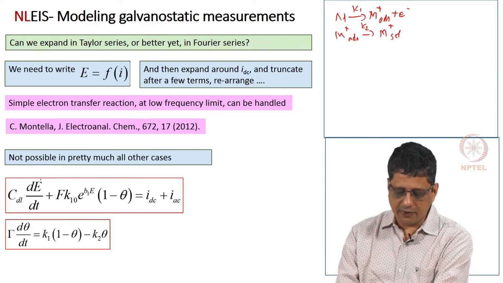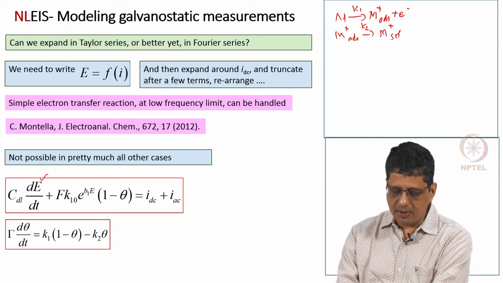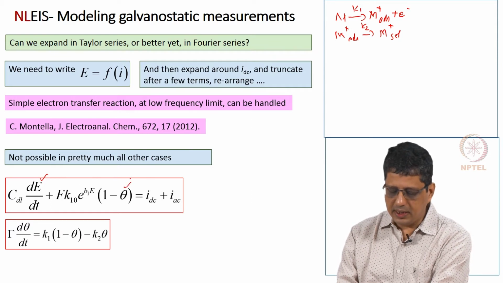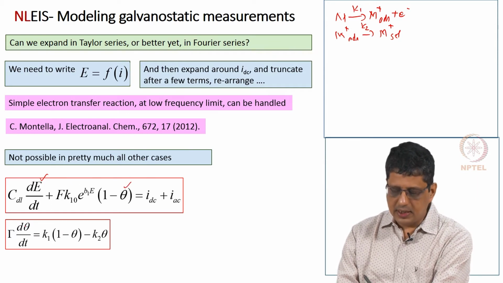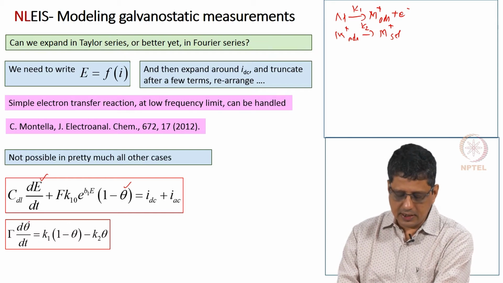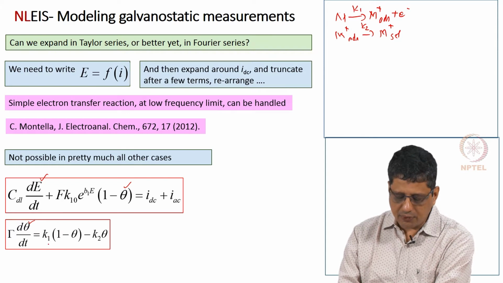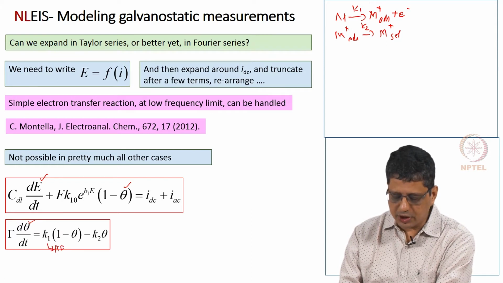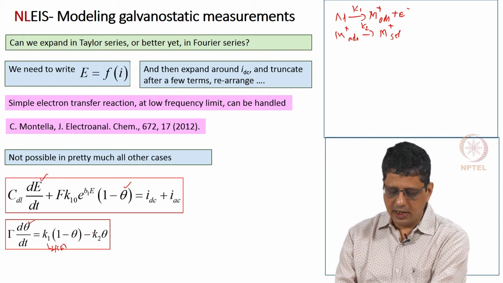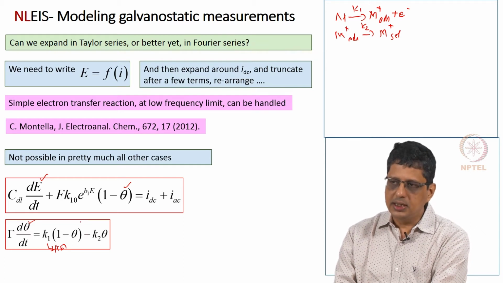It is written in terms of the independent variable E and the dependent variable theta. The second equation is also an ordinary differential equation. It is written in terms of theta, and of course, K1 is a function of potential, K2 in this case is independent of potential. So, this is a coupled, nonlinear ordinary differential equation.